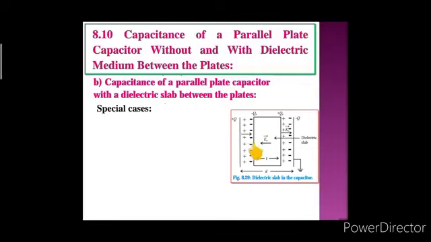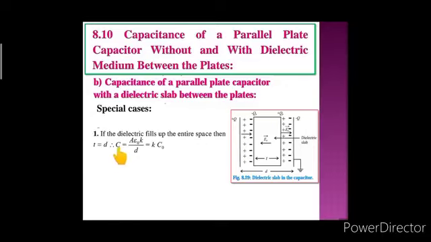That means when we are taking the dielectric in such a way that its thickness is equal to the distance between the two plates of the capacitor, then we can say that t is equal to d, and hence the capacity would become A epsilon naught K upon d there, as the d minus t factor is present and t is equal to d, so it becomes 0 plus t upon K in the denominator.